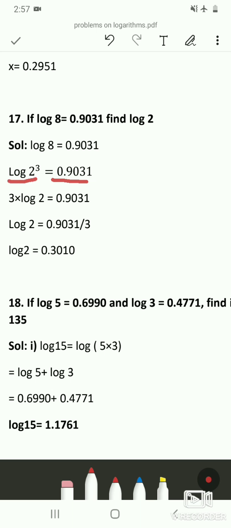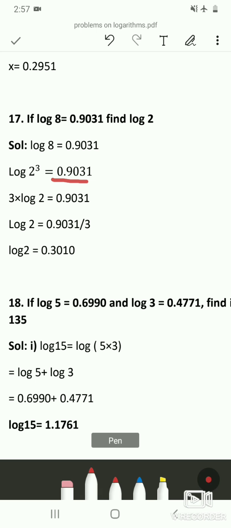And here we can use the third law of logarithm. So using that we can write it as 3 into log of 2. So the RHS is as it is, and therefore log 2 is nothing but 0.9031 divided by 3. So when the 3 in the left hand side goes to the right hand side, it's multiplication over here, so when you take it to right hand side, it will be the division.